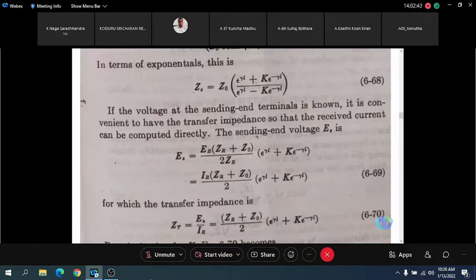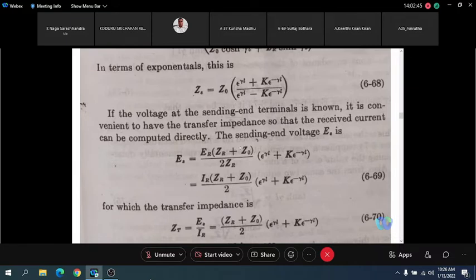So what will be the transfer impedance? How do we define the transfer impedance? The ratio of the source voltage, incident voltage ES, to that of the current at the receiving end.